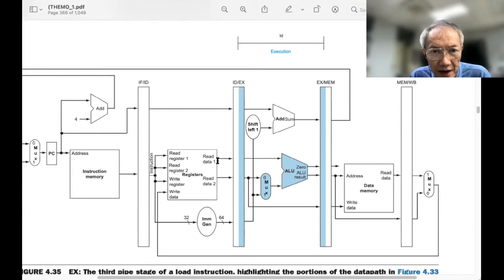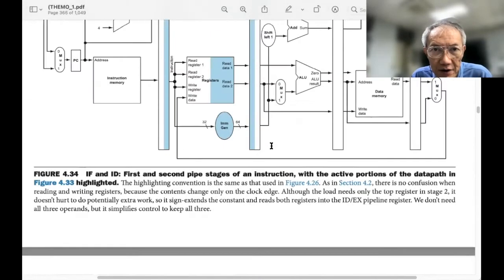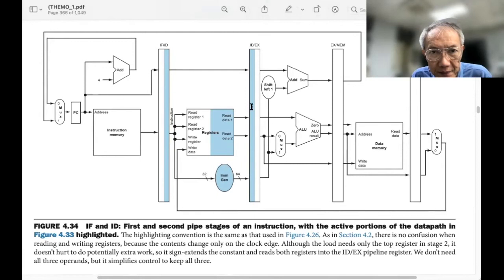For the value, part of the value comes from a register plus some small constant to be the effective address. The register value is already read from the previous stage, right?